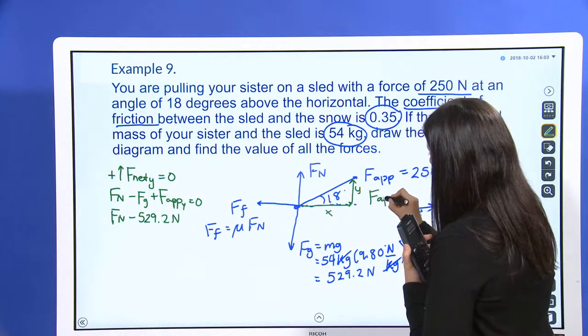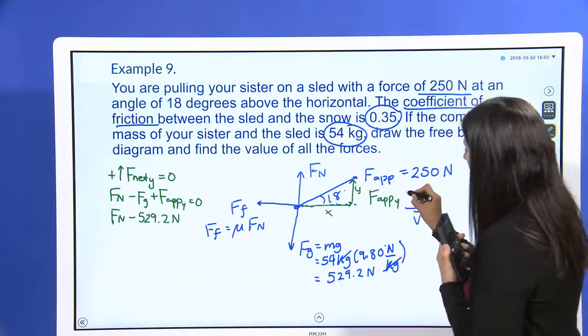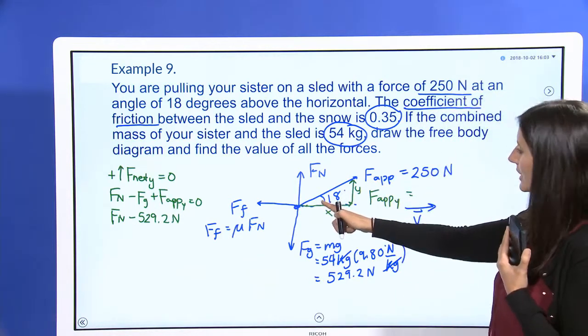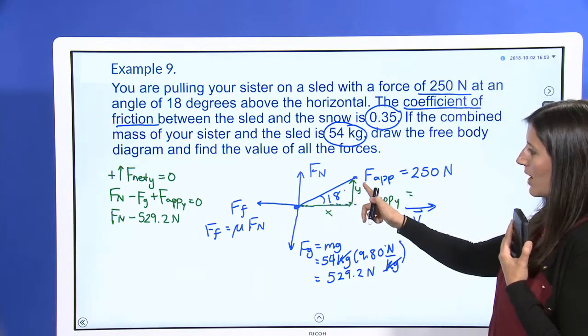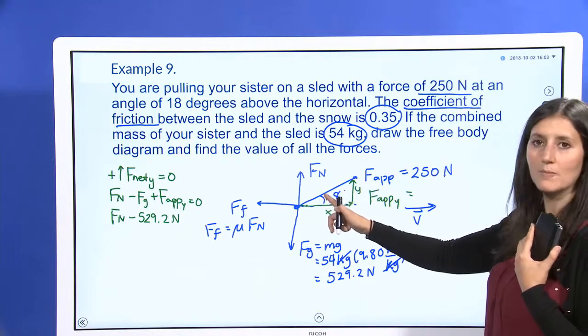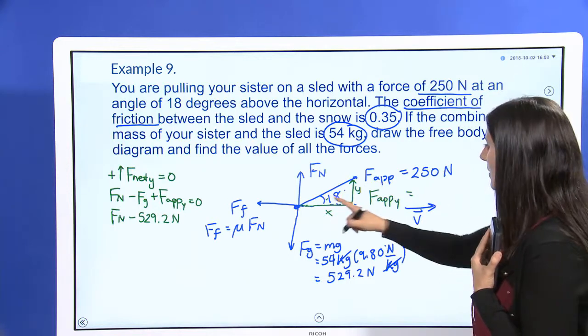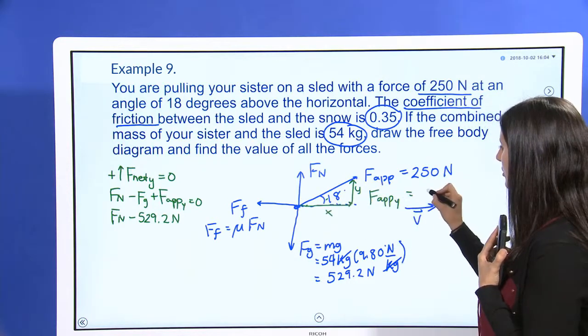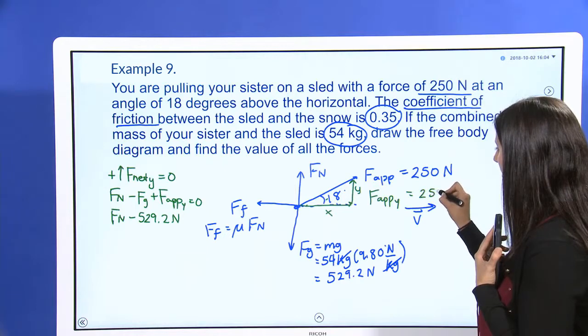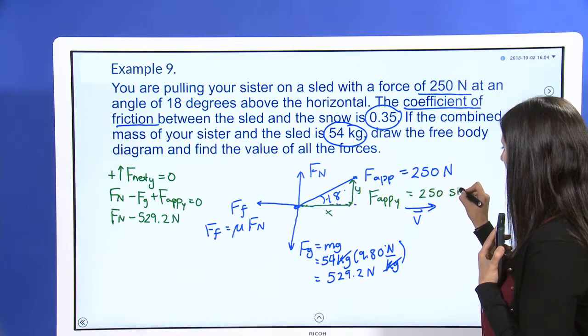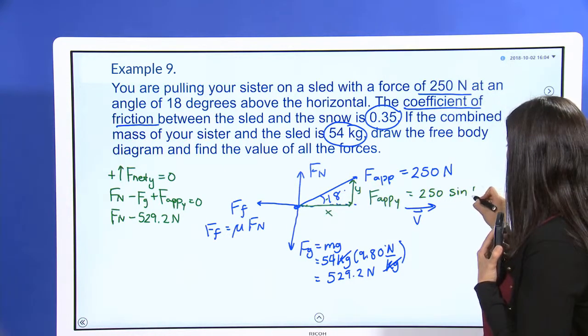F applied y. Okay, again we're going to use SOHCAHTOA. My y direction is opposite of my 18-degree angle, so I'm going to use sine. So it's going to be my hypotenuse, which is 250, times sine of my angle, 18 degrees.